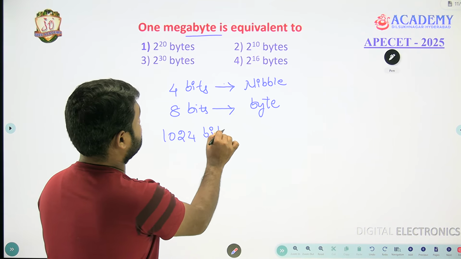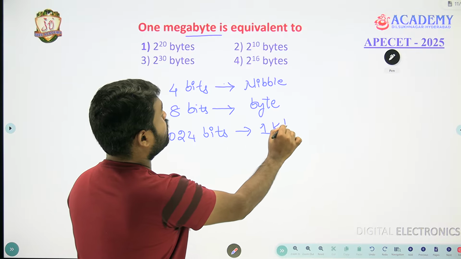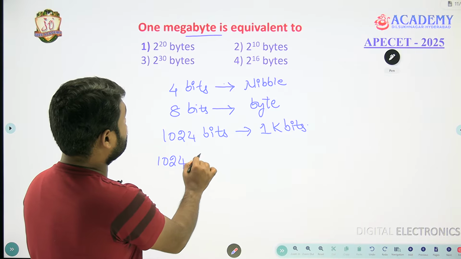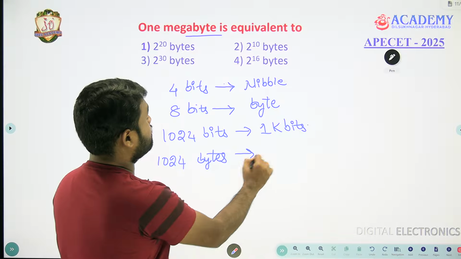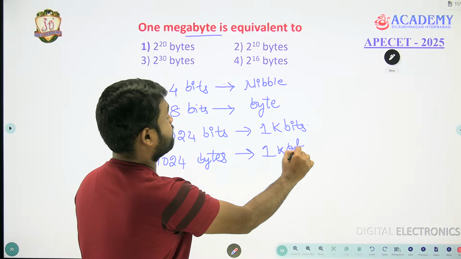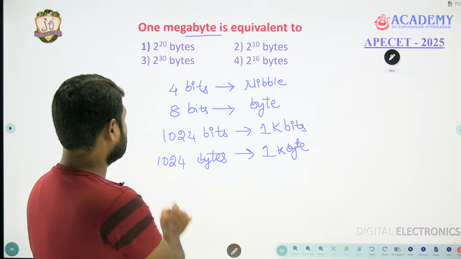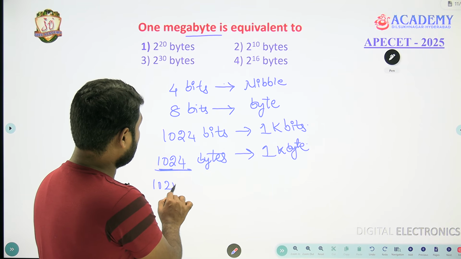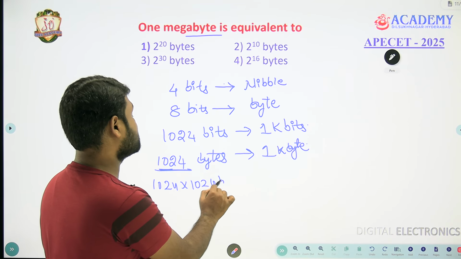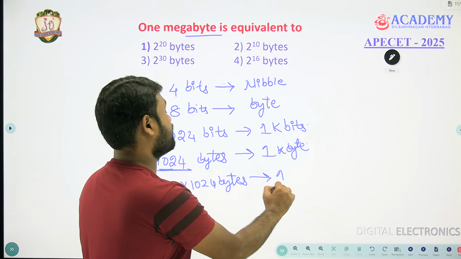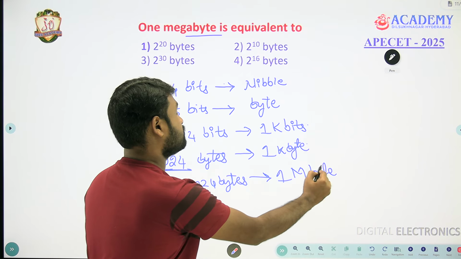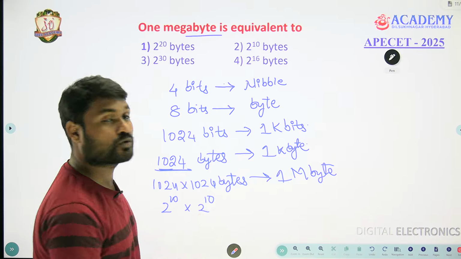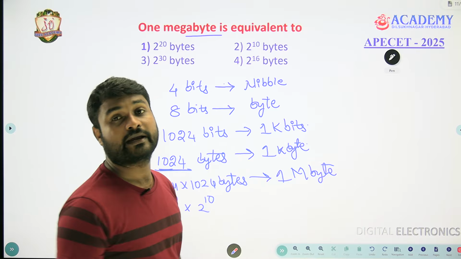1024 bits is nothing but 1 kilobit. 1024 bytes is nothing but 1 kilobyte. 1024 is nothing but 2 to the power 10. 1024 multiplied by 1024 bytes is nothing but 1 megabyte, that is 2 to the power 10 and 2 to the power 10, which is 2 to the power 20 bytes, called 1 megabyte.